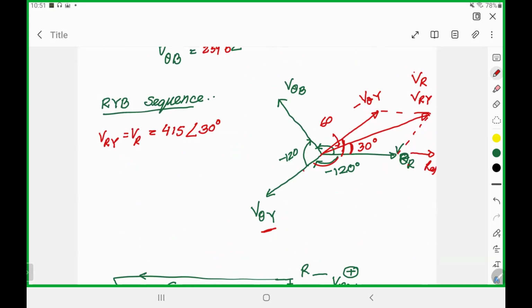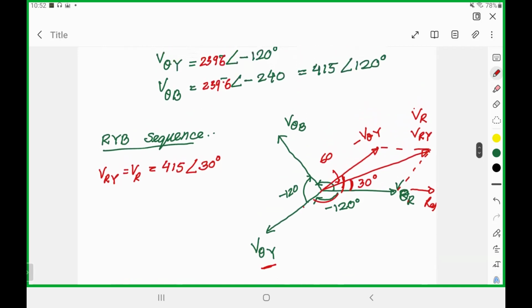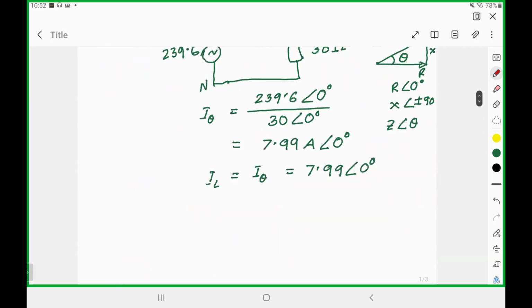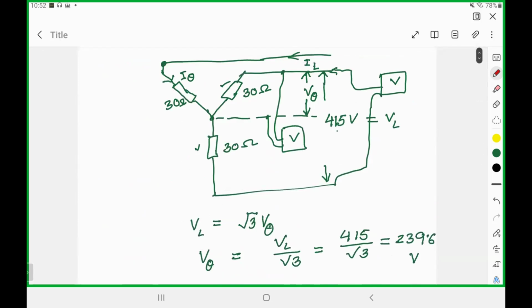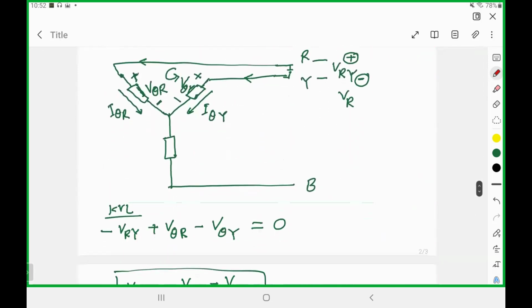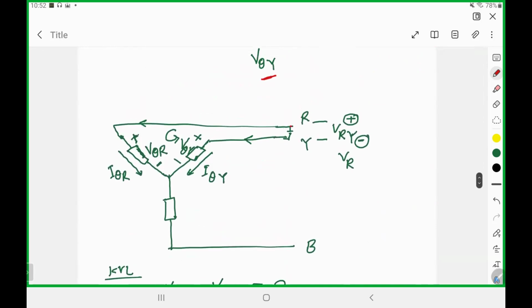So 415 is the line voltage, because this is the line voltage. So we have found this one, VRY. We have identified this is the line voltage between the lines, right? The line voltage is higher. That we have already found.